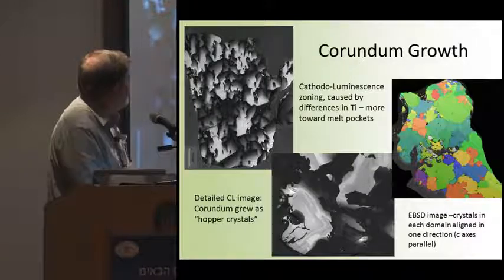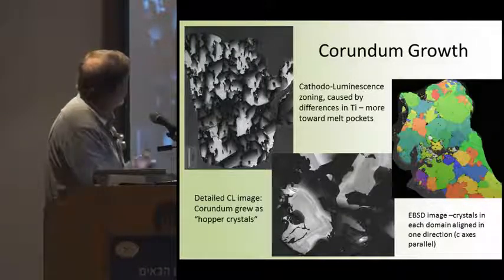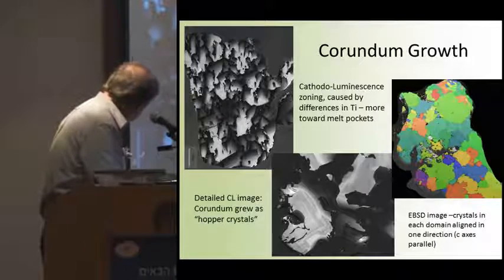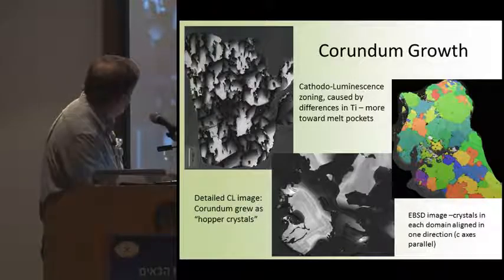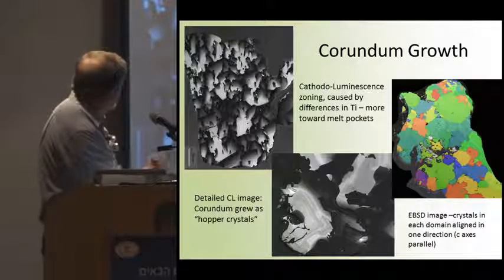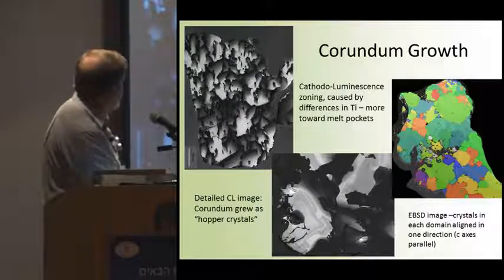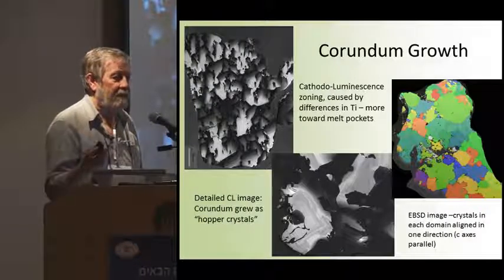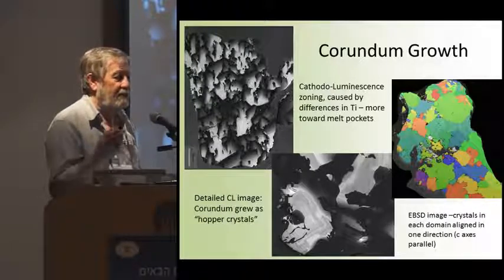This is CL imaging, and it's showing the zoning of one piece here. This is 500 microns down here, so this is a pretty good sized piece. But you see there's zoning in here, which is clearly outlining some sort of growth pattern. The differences in the CL brightness are caused by titanium substitution, and we're talking substitution up to very high levels.